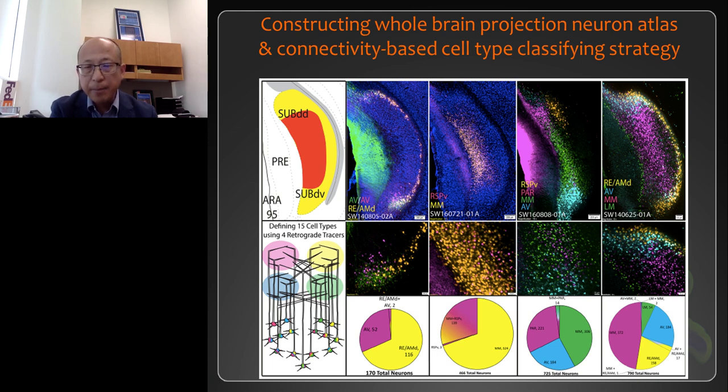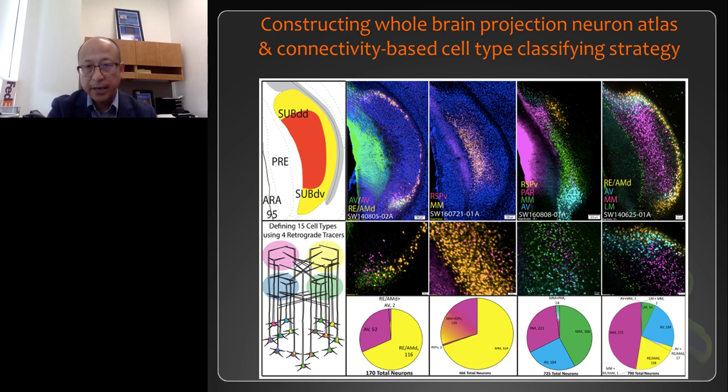And these cyan, these pink neurons, they project to the medial mammillary body, and this thin layer of green color labeled neurons, they project to the lateral mammillary nucleus. And then we characterize how these neurons project to one target or different targets, and then we do the quantification.